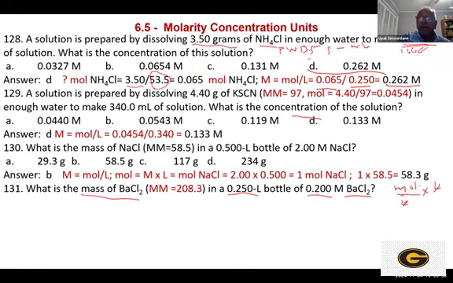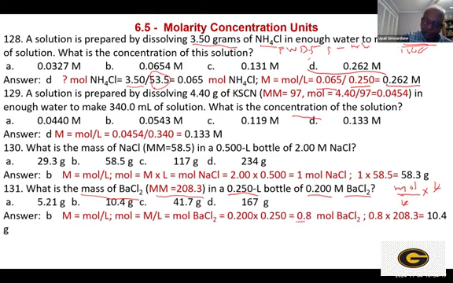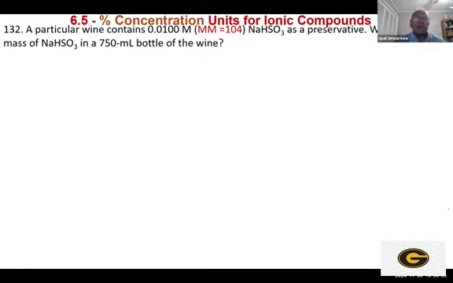Moles multiplied by barium chloride formula mass, you get the mass of barium chloride. This multiplied by 10.4. So there are, what is the mass?